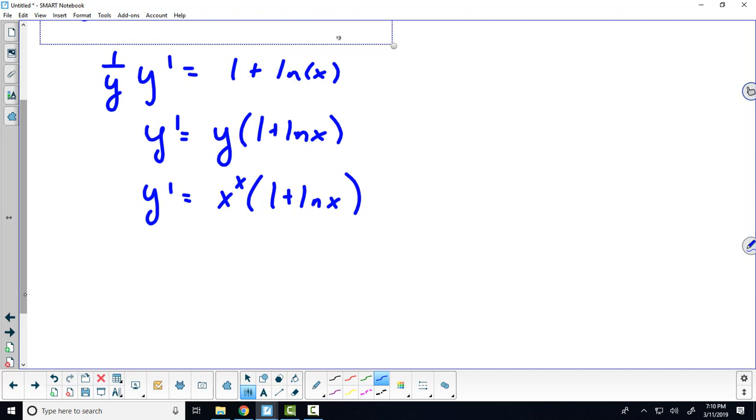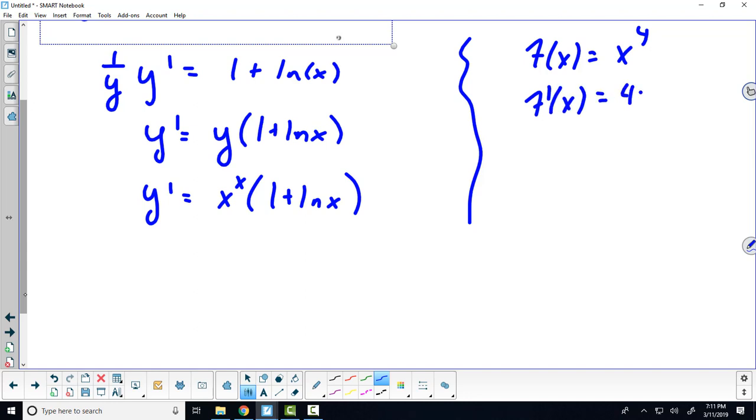Okay. I think it's worth making just the quick comment here, folks, that if I gave you a polynomial function, f of x is equal to x to the 4th power, its derivative is 4x cubed. Its rate of change, for large quantities of x, is smaller than the function values itself.